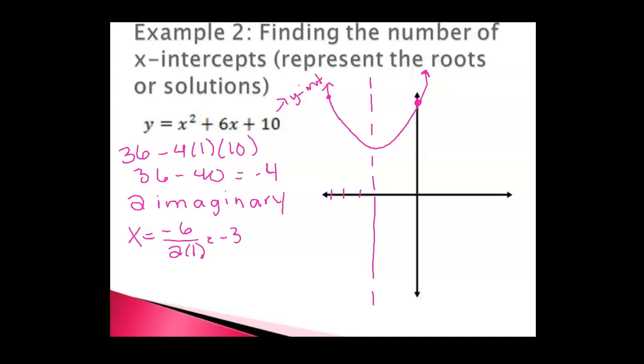And it just means that my vertex is above the x-axis. You don't have to actually find where it is. Just know that it's above. And that's because this gives a negative, making the roots imaginary, meaning it does not cross.